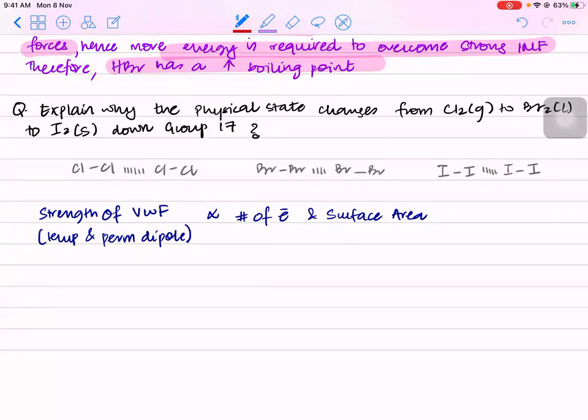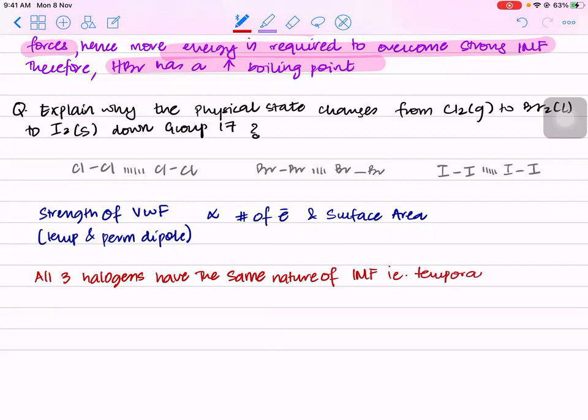So all three halogens have the same nature of intermolecular force. That is, which type of force do they have? Temporary dipole forces. They all have temporary dipole, induced dipole force.